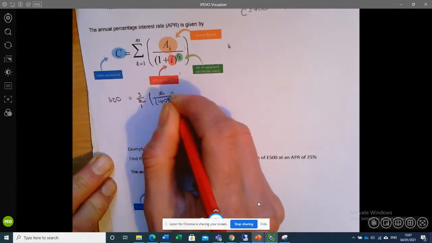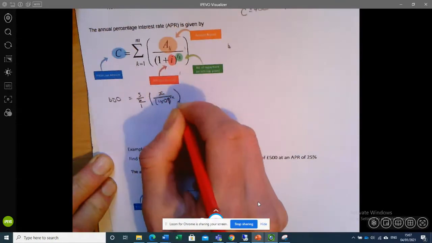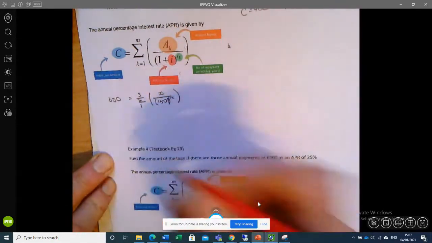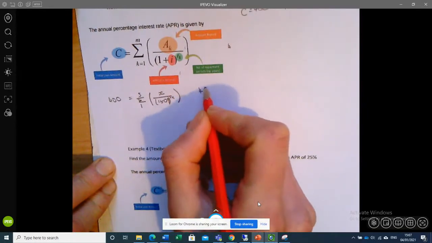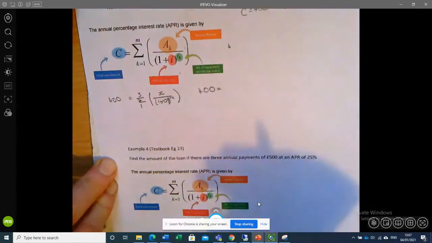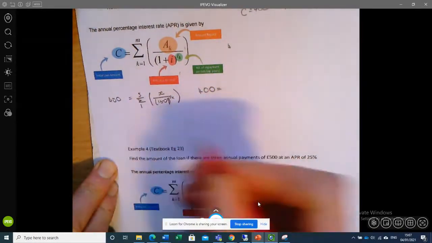I'm going to keep it as TK there, and then we're going to do that for each repayment.